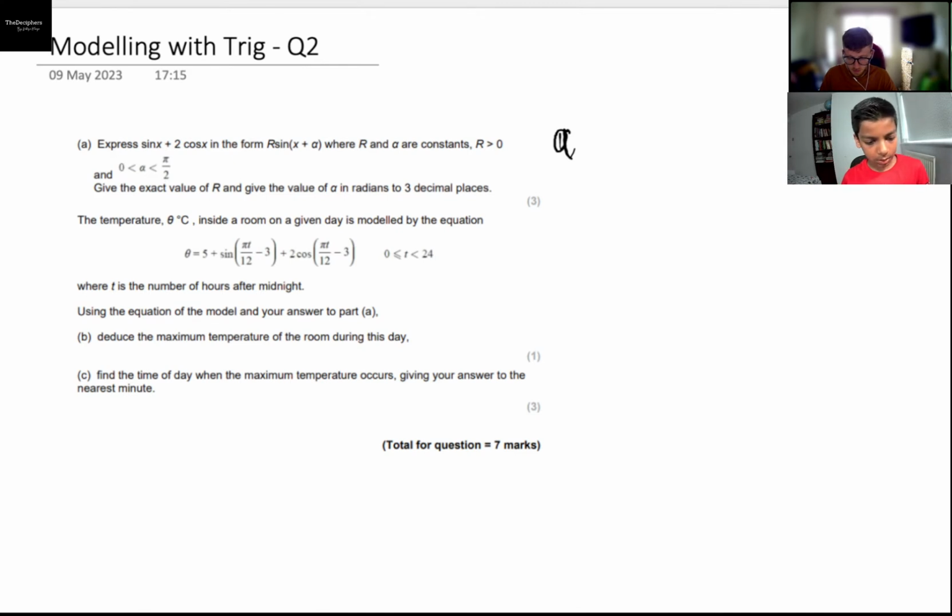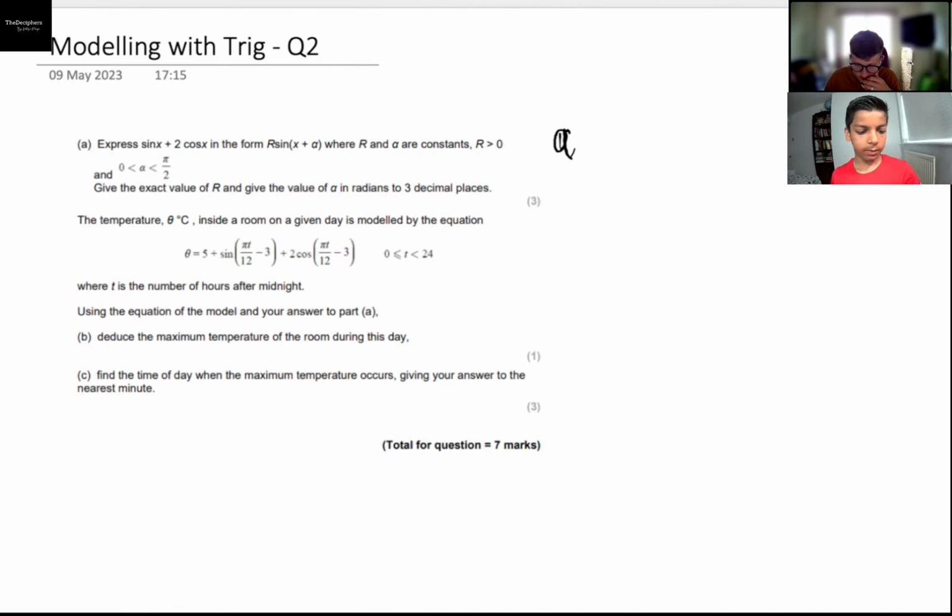The temperature, theta degrees Celsius, inside a room on a given day is modelled by the equation theta is 5 plus sine of (pi t over 12 minus 3) plus 2 cos of (pi t over 12 minus 3), where t is between 0 and 24, and where t is the number of hours after midnight.